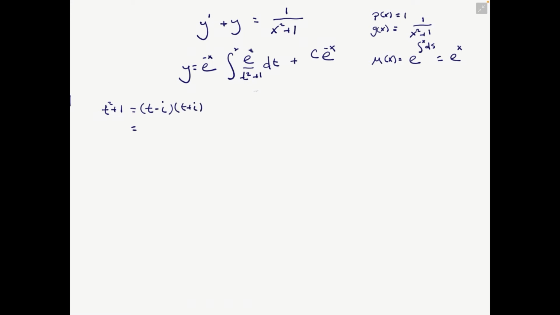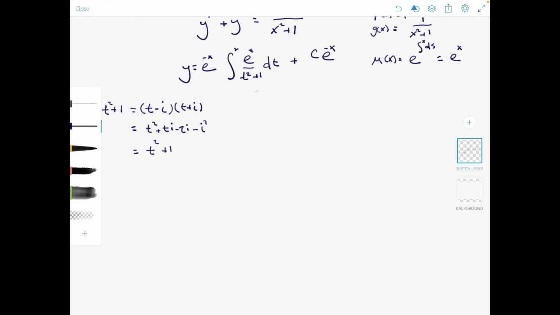And that would be t squared plus ti minus ti minus i squared. But i squared is minus 1, and minus 1 is plus 1, and that's what you got. So we could use that to make partial fractions.